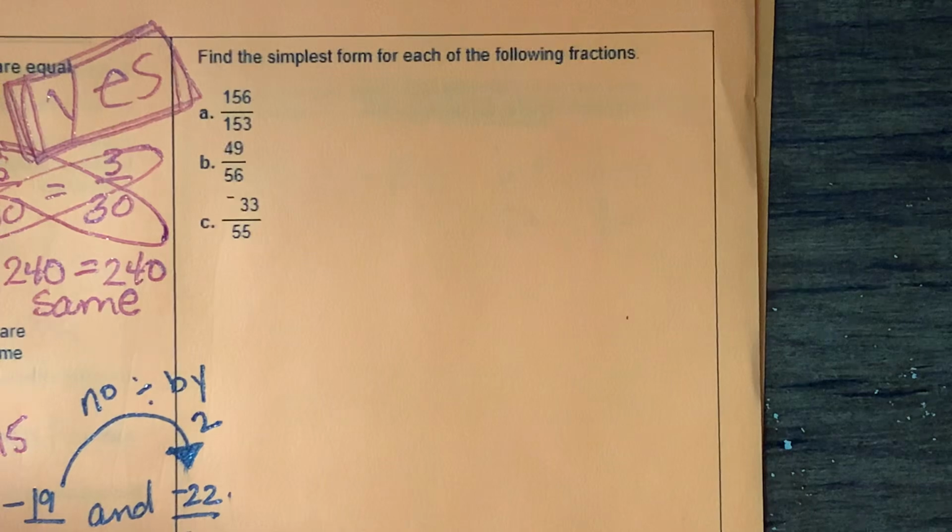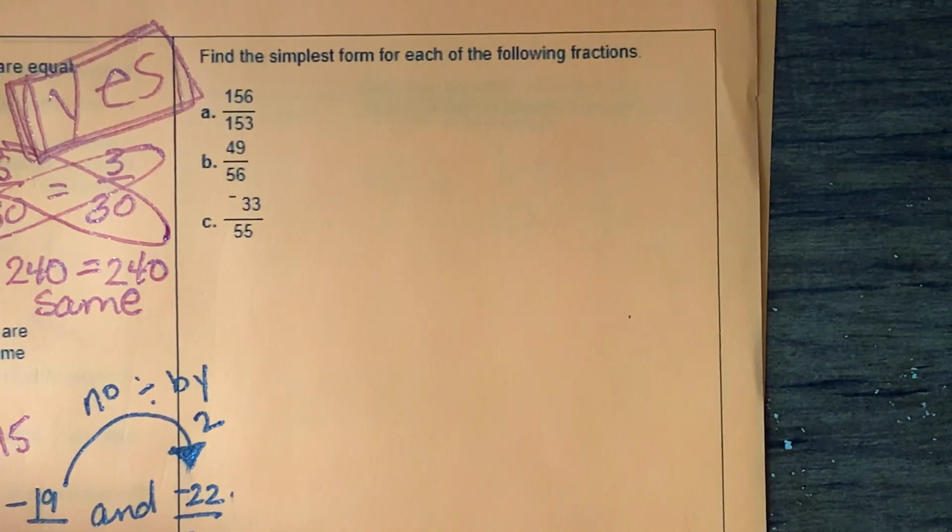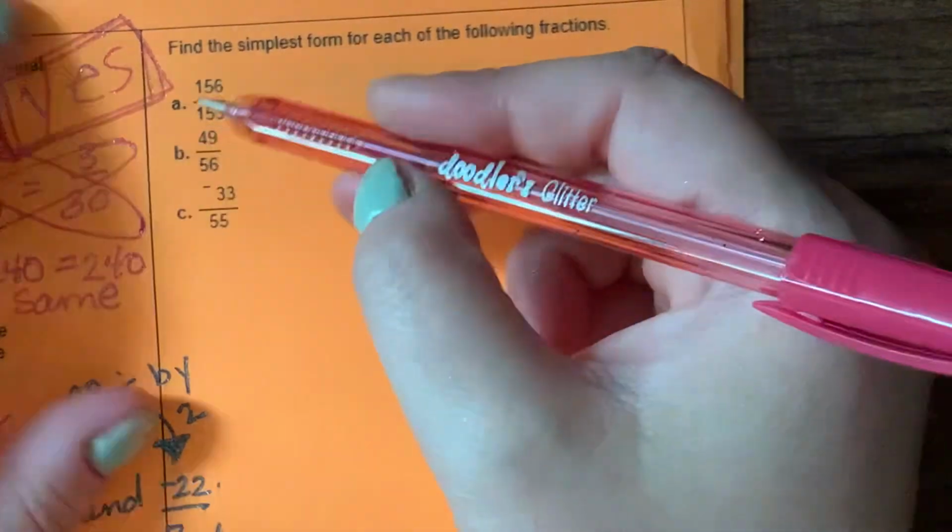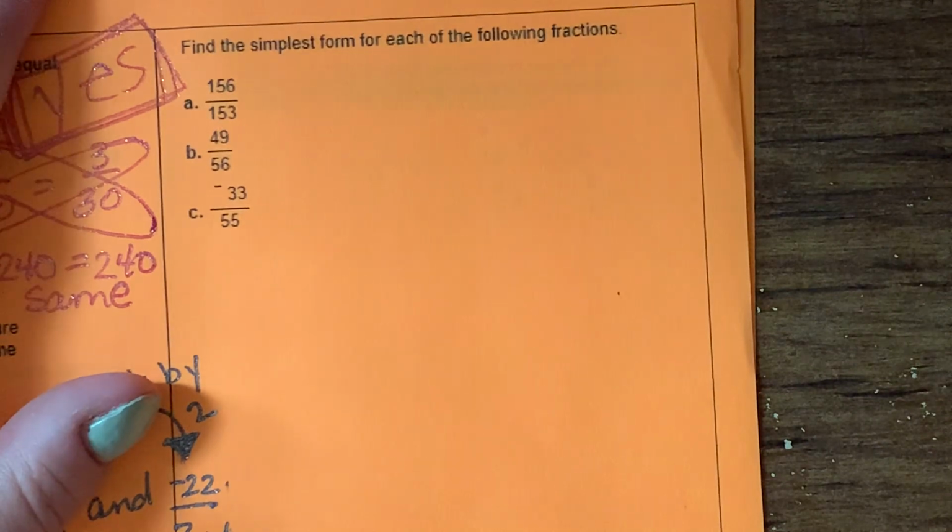Okay, let's look over here on the right. It says simplest form. That just means reduce. And we can use our divisibility rules that we've learned, or you can just go slow and try and reduce what you can. Okay, so let's look at this 156 and 153. They're not even, so I can't divide by 2.